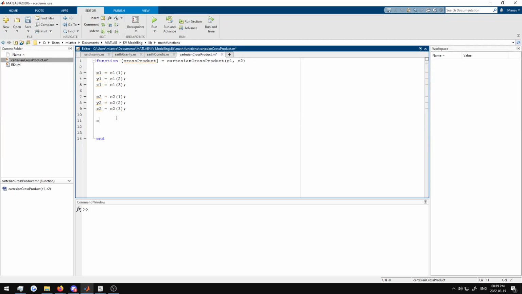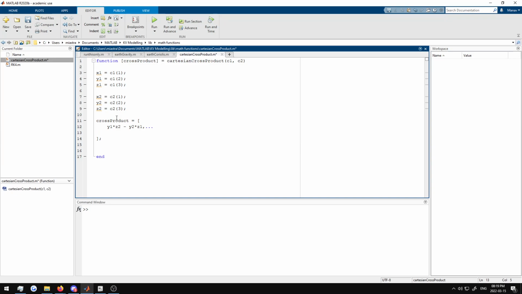I'm going to skip the derivation for this. The cross product is equal to, and I want this to be a row vector, a single row with 3 columns. So the first entry is Y1 times Z2 minus Y2 times Z1.